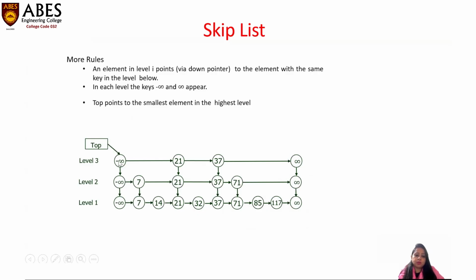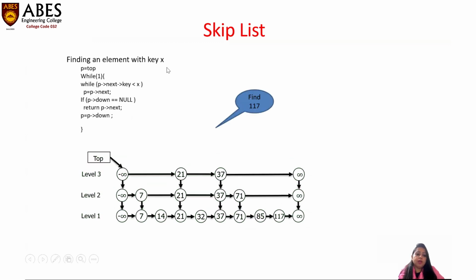Top always points to the minimum value at the highest level. If we have to find an element with key x, p will point to top, that is minus infinity. While we have not reached level 1, p will point to the next, that is 21, where the key value 21 is less than 117.